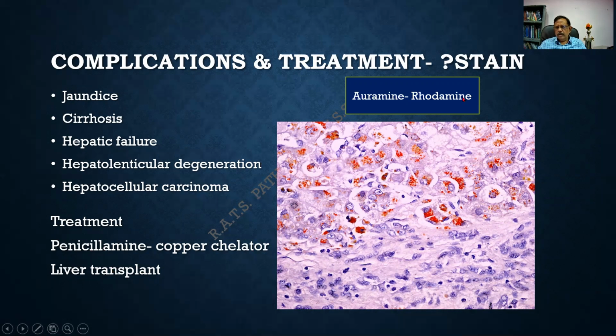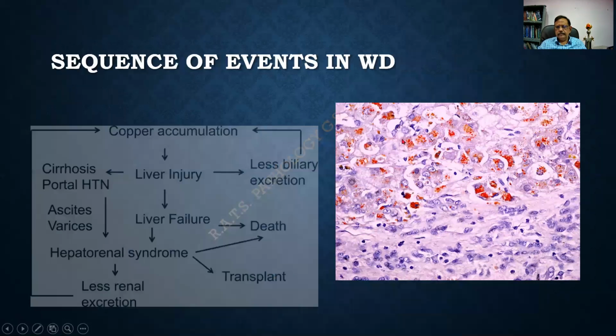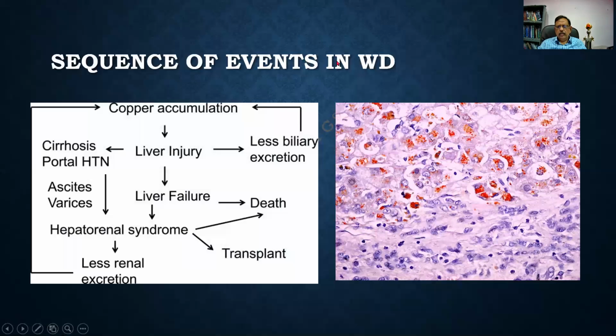This is a rhodanine stain showing the deposition of copper in the hepatocytes. And what is the sequence in Wilson's disease? There will be copper accumulation finally. There is a liver injury, a liver failure, which can lead to a hepatorenal syndrome.